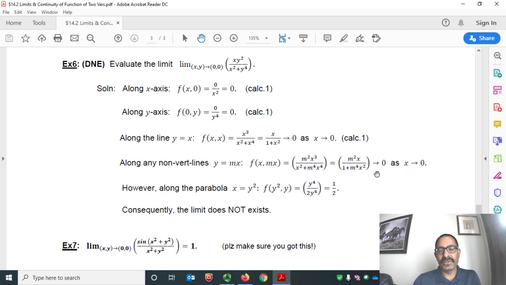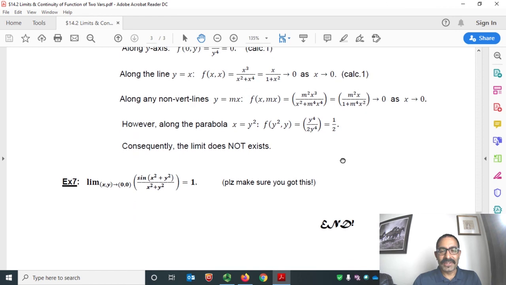Again, the limit goes to 0. However, along the parabola x equals y square, put x equals y square. Simplify, which gives a constant function 1/2. Then the limit is also 1/2. So 1/2 is not equal to 0. That means the limit of this function does not exist.